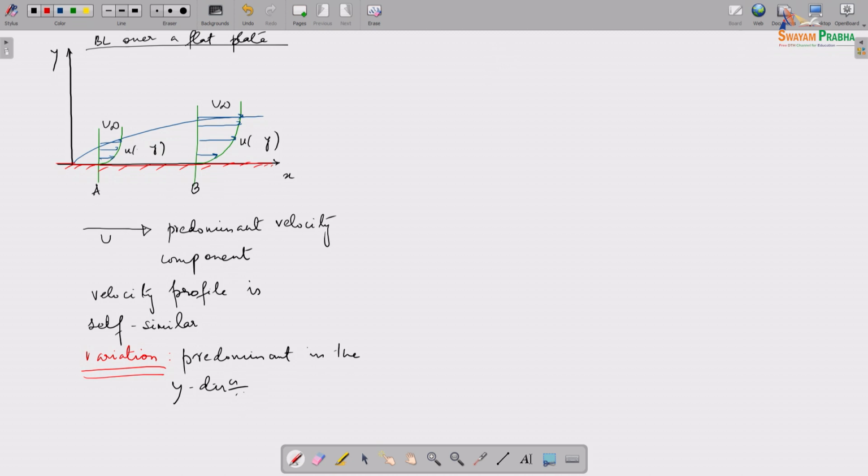So there also, in a round jet, we have a velocity profile. Maybe I should draw that here as well.